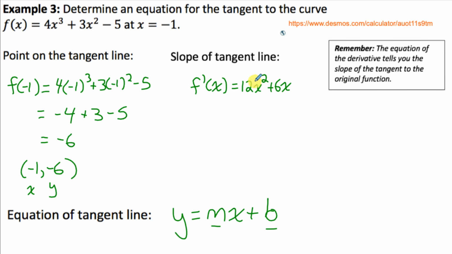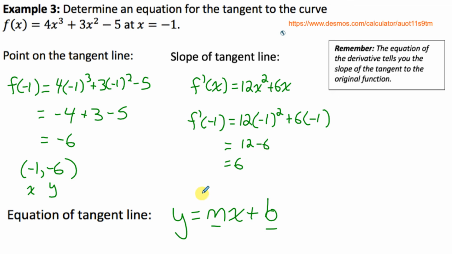So there's my derivative. I want the slope of the tangent line when x is -1, so plug -1 into the derivative: 12 times (-1) squared plus 6 times -1. That's just 12 minus 6, which is 6. So we figured out the slope is 6.